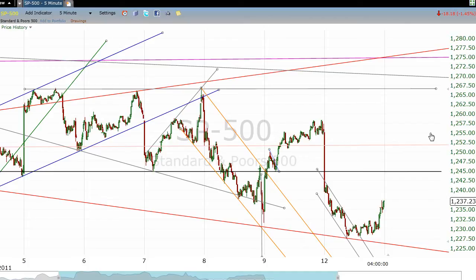And again, what is gap resistance? Well, gap resistance is when you get a gap down and those people who got trapped in trades up here in the mid to high 1250s may be chomping at the bit. If the market rallies back up to 1253, 1254, these people who bought back on the 9th may be willing to say, you know, this market's just a little bit too funky for me right now.